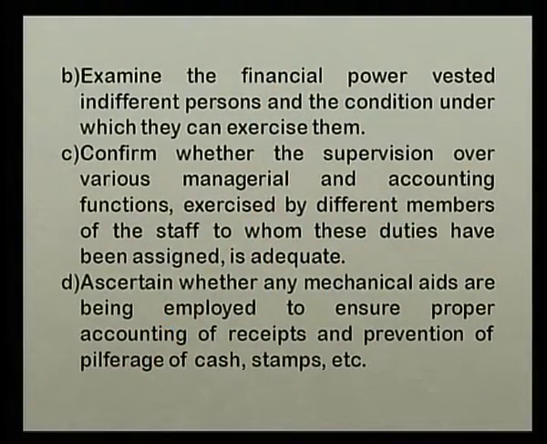The second one is examining the financial power vested within different persons and the conditions under which they exercise them. There should be a clear demarcation of the authority that is given to the various professionals and accounting people who are entering the cash receipts. If such an authorization is not done, then the person may exceed his authority and there could be a huge embezzlement of cash.